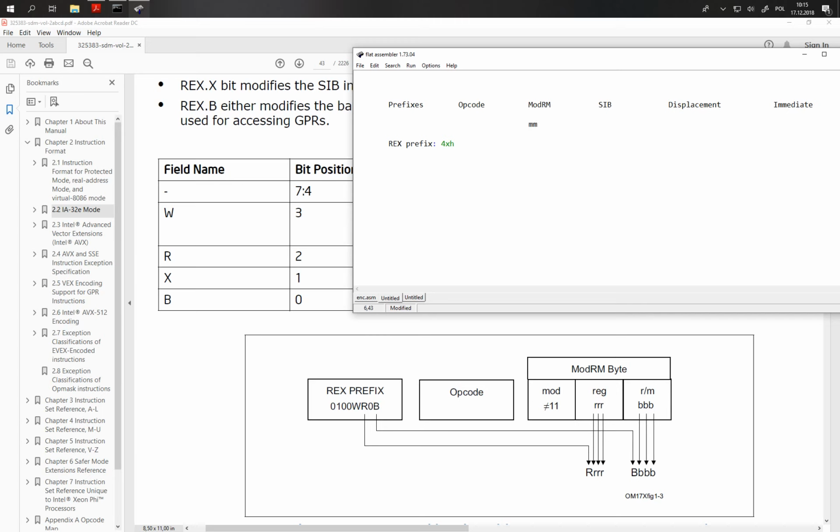If we present mod RM byte in this form, all 8 bits, then REX prefix, then this R is an additional bit for this field, and this B is an additional bit for this field.